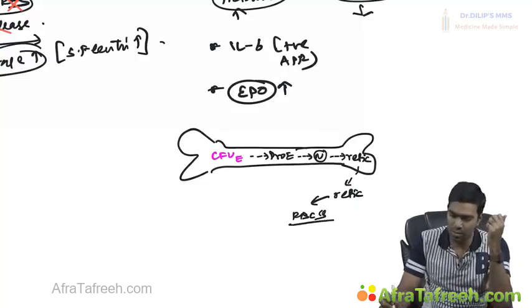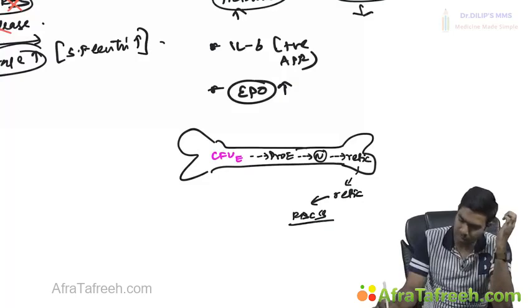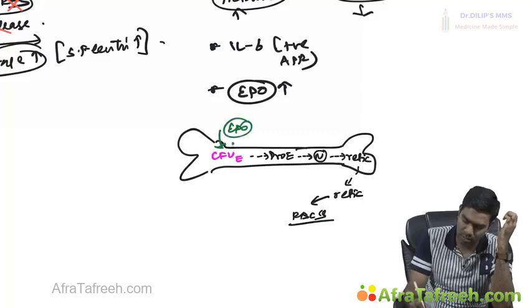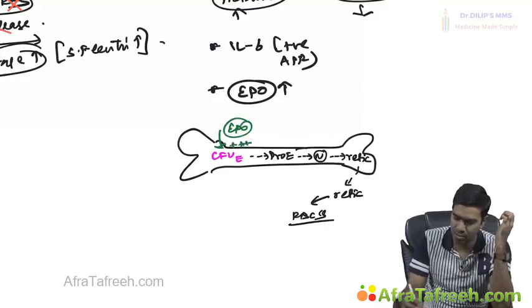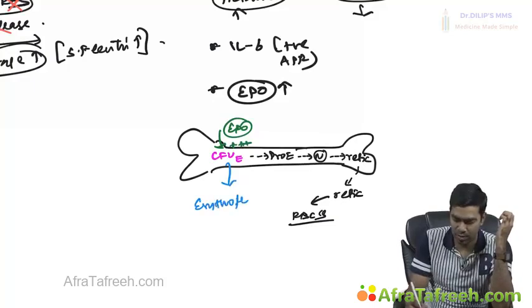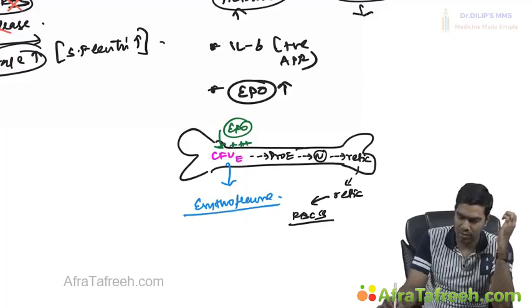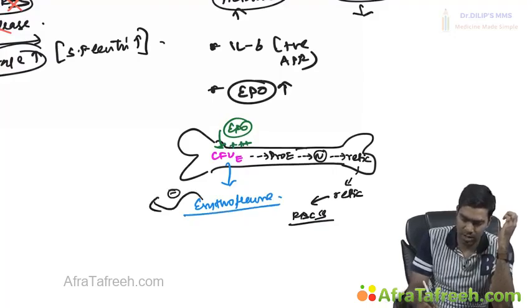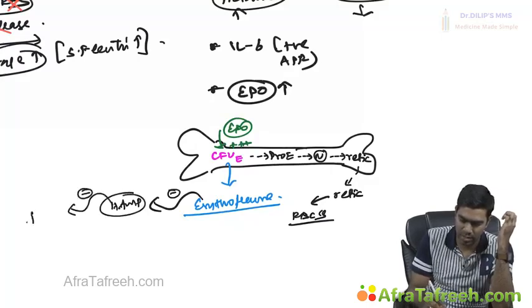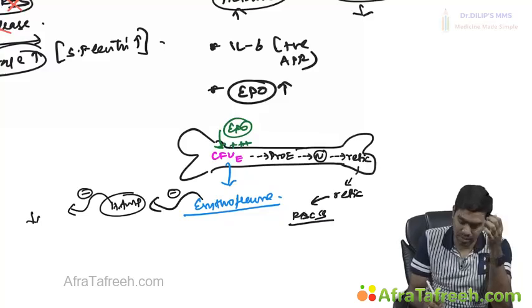So I told you the erythropoietin's action is going to be maximal on the CFU-E. In response to this erythropoietin, the CFU-E releases a compound called erythroferrone. This erythroferrone is a direct inhibitor of the HAMP gene, which can directly inhibit or reduce the hepcidin release.